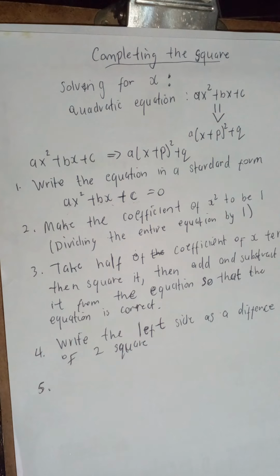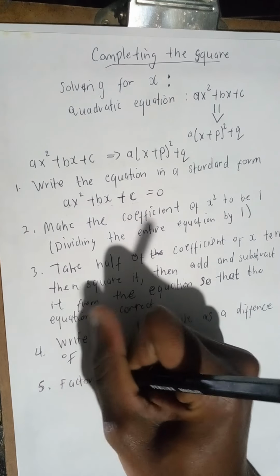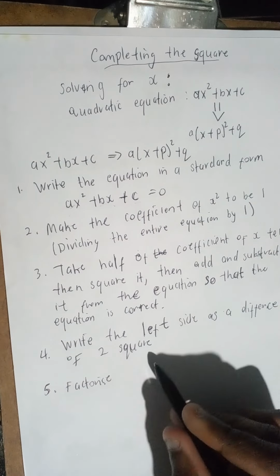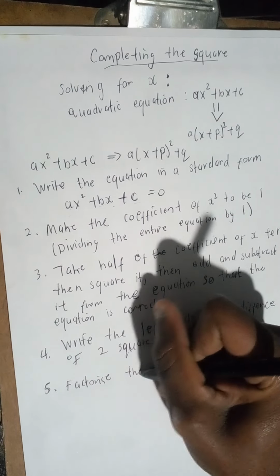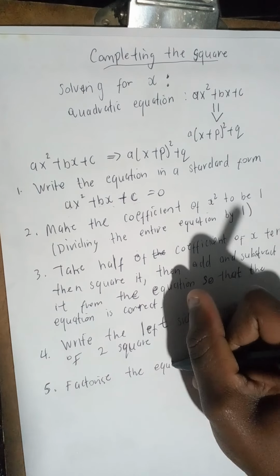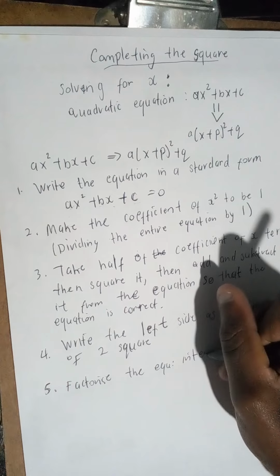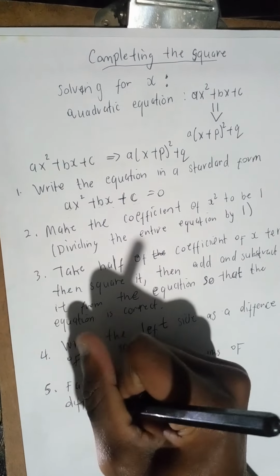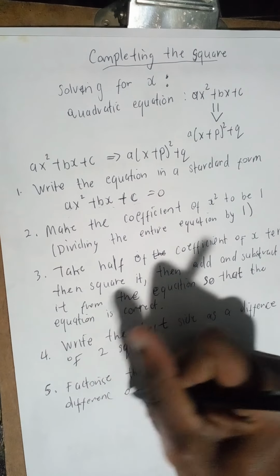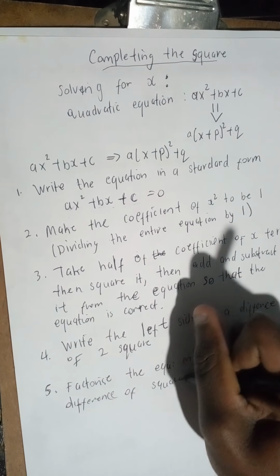And then after factorizing, guys, you factorize your equation, because now you'll be having a difference of 2 squares. After having a difference of 2 squares, you factorize the equation in terms of the difference of squares.